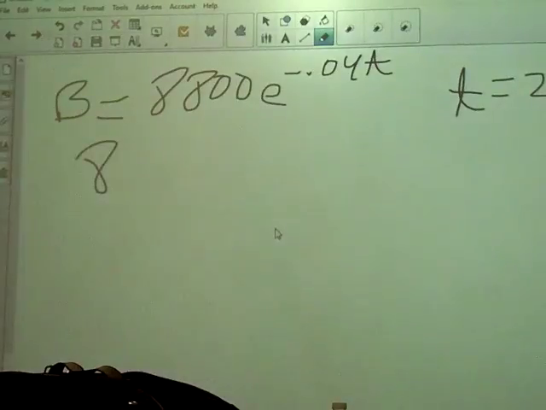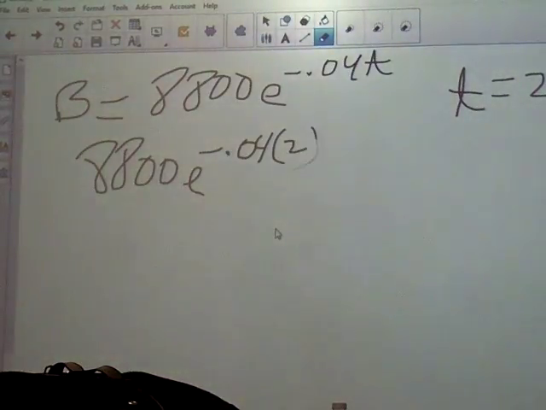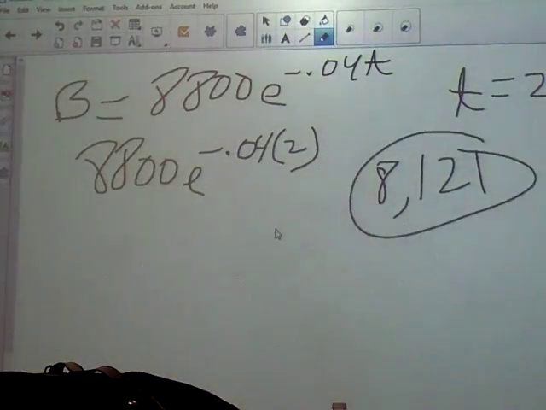So we're going to do 8,800 times the number E to the negative 0.04 times 2 power. And it looks like it rounded it to the nearest acre. I got the 8123 is correct. So after just 2 years, that dump is over 8,000 acres big. Oh, 23. Not bad.